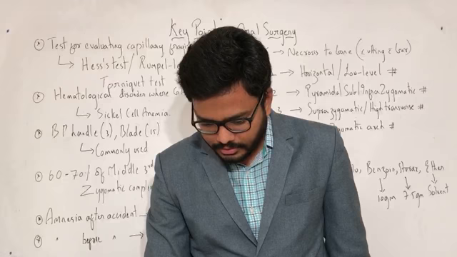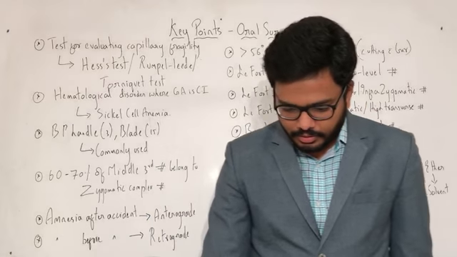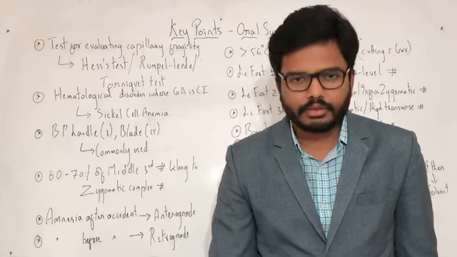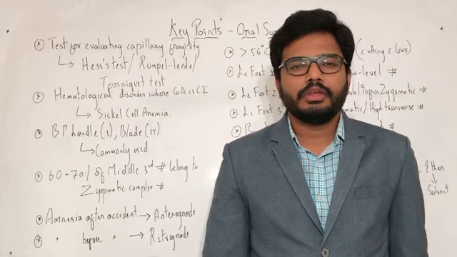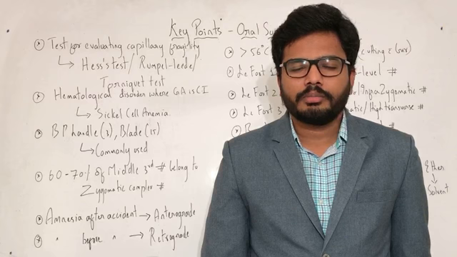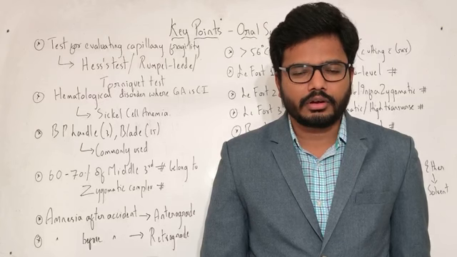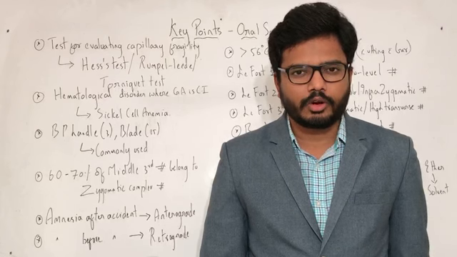So we have this criteria, like once you go for extraction, maxillary molar or premolar, what if there is communication with the sinus? So depending upon the size of communication, we have a specific protocol.